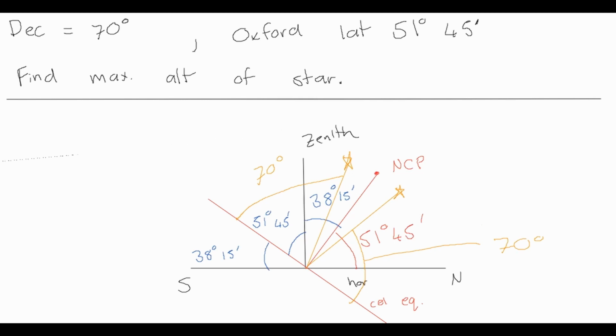So we are looking for the angle which is biggest between the horizon and the position of the star. And that is going to be when the star is at this top position here. And we are looking for the altitude of our star. Once again, remember, altitude is just the angle above the horizon, is this angle here.